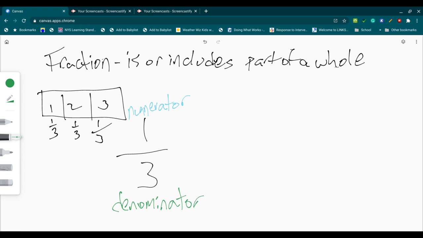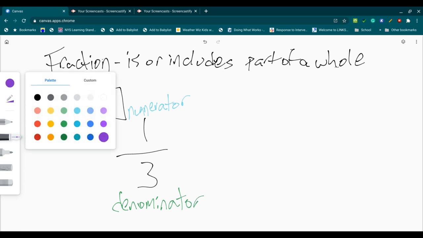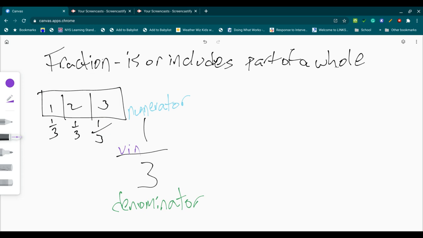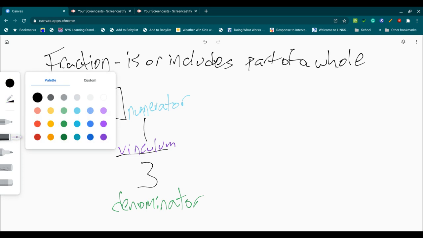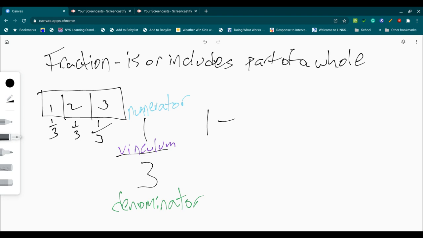And this middle line is called a vinculum. What that shows is division. So it's showing 1 divided by 3, or sometimes you may say 1/3, or we can look at it this way, 3 divided by 1.